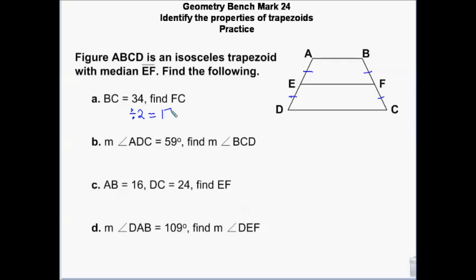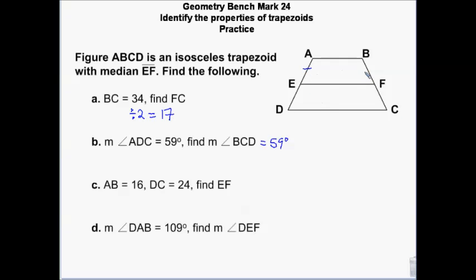So I divide it by 2, it's 17. Angle ADC is 59. BCD, well, because we have an isosceles, we know these two are the same. So that's also 59. Now what we didn't talk about, let me label this.